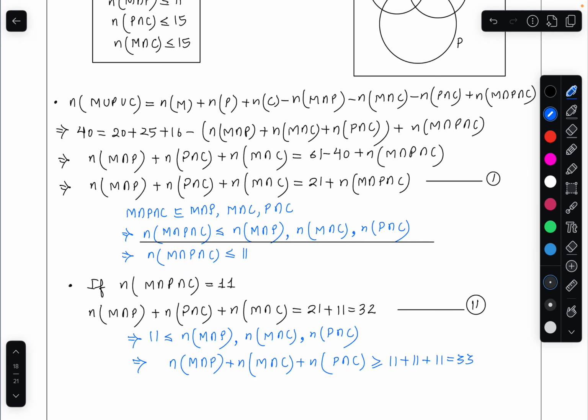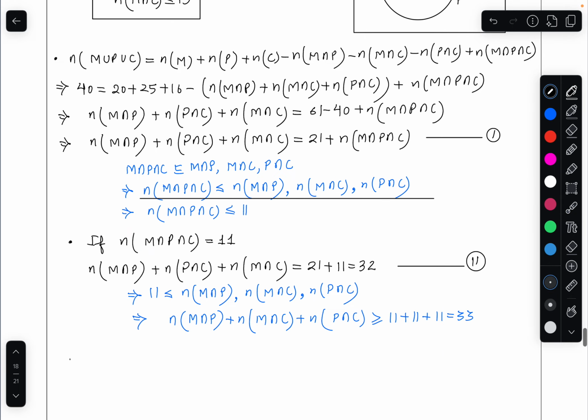Let's go to the next best possible value. The next best value that we can take is 10. 10 could have been the maximum.